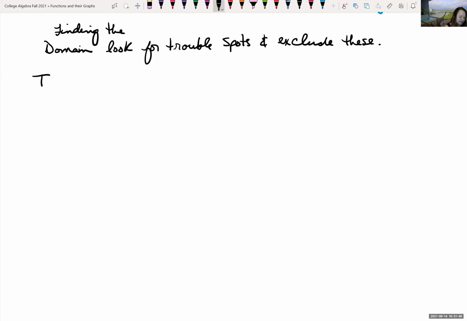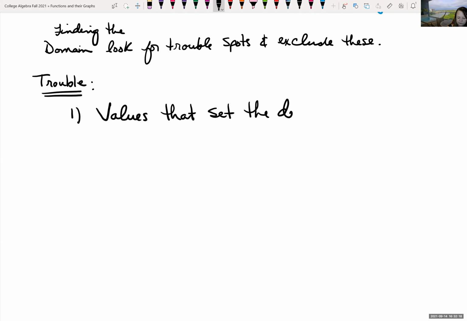Okay, so what are things that would give us trouble when we're looking at some equation or some function? Well, remember, we can't have 0 in the denominator. So values that set the denominator equal 0, those would give us problems and we need to exclude them.